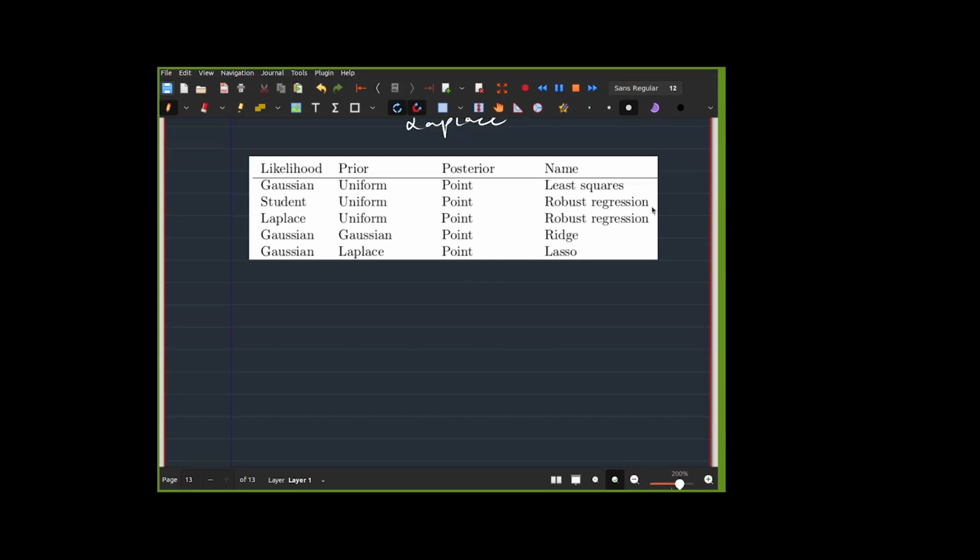If I wanted to do a robust regression, I could choose my likelihood to be a student t distribution, and my prior could be uniform. Or there's another option for robust regression, where I choose my likelihood to be Laplace and the prior to be uniform again. And if you wanted to do a ridge regression, you could choose the likelihood to be Gaussian and the prior to be Gaussian.